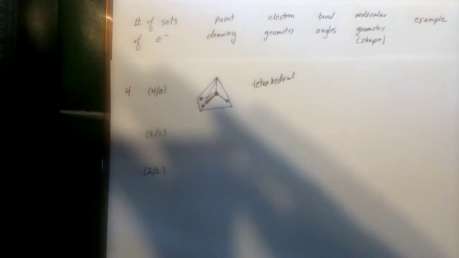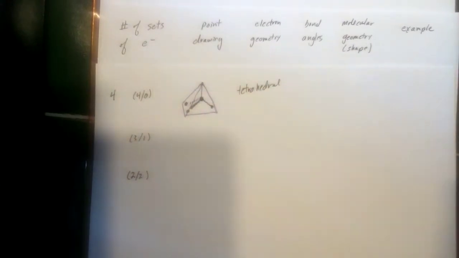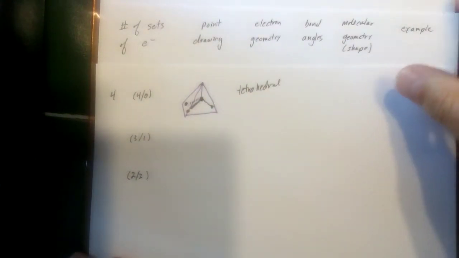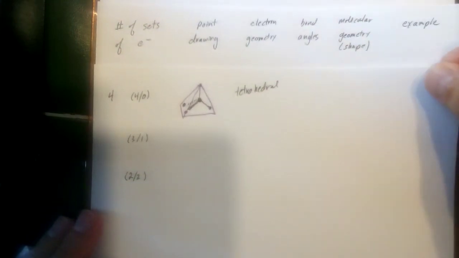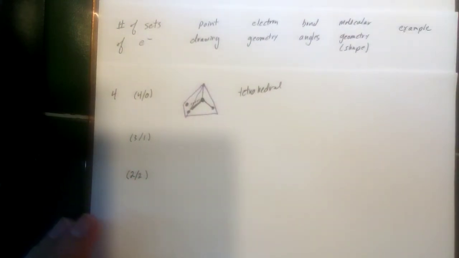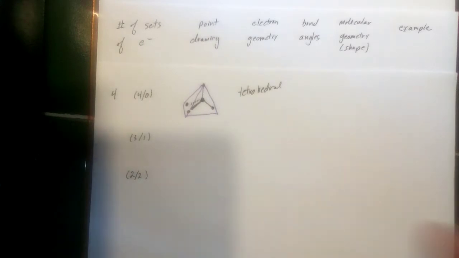All right. Okay, so we've got a tetrahedral here for our electron geometry with 4 sets of electrons. Now, the bond angles here are a little more complicated as well. You can't really derive them as easily from a flat picture as we could for, say, the trigonal planar.